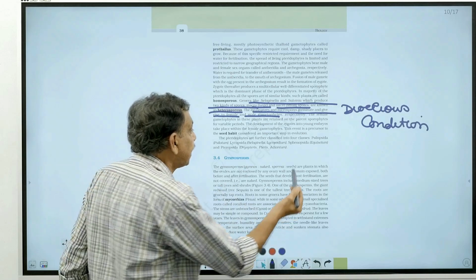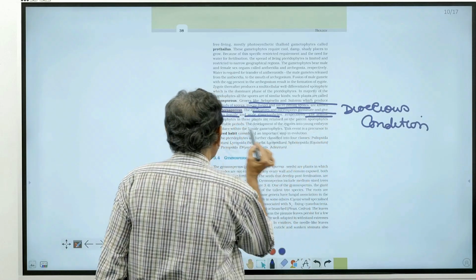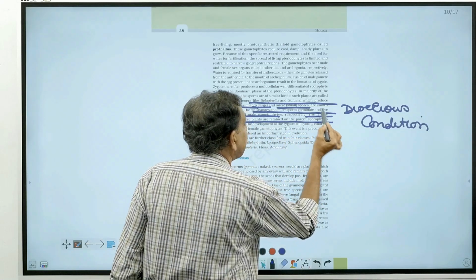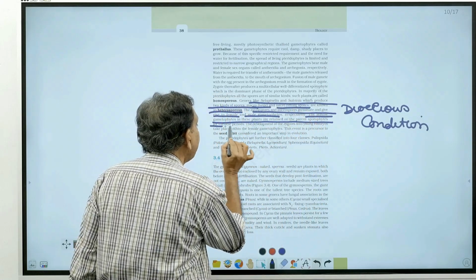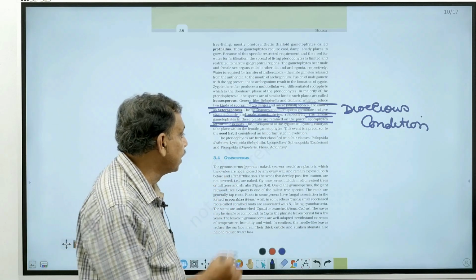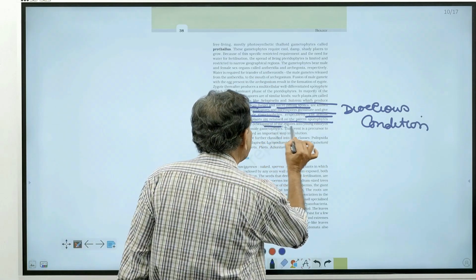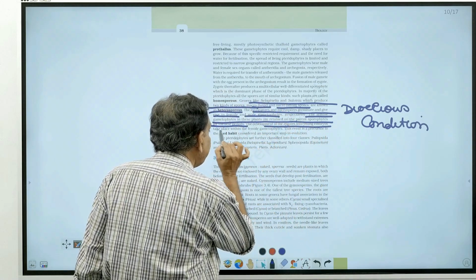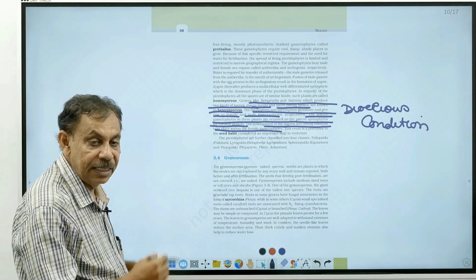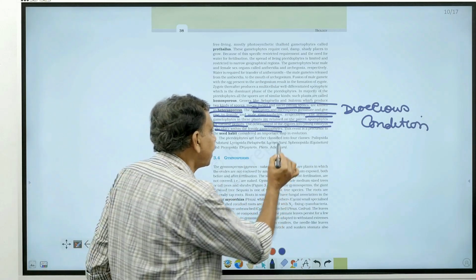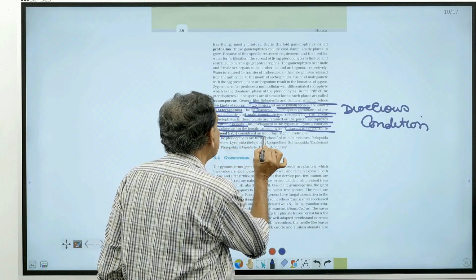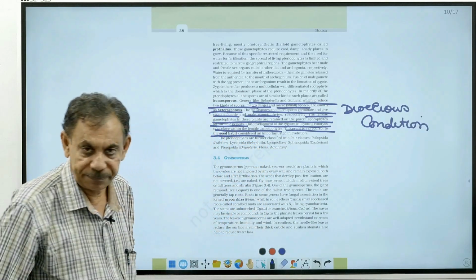Now you can see the female gametophytes in these plants are retained in the parent sporophytes for variable periods. The zygote develops into a young embryo in the female gametophyte, the mother's body. This event is considered a precursor to seed habit.